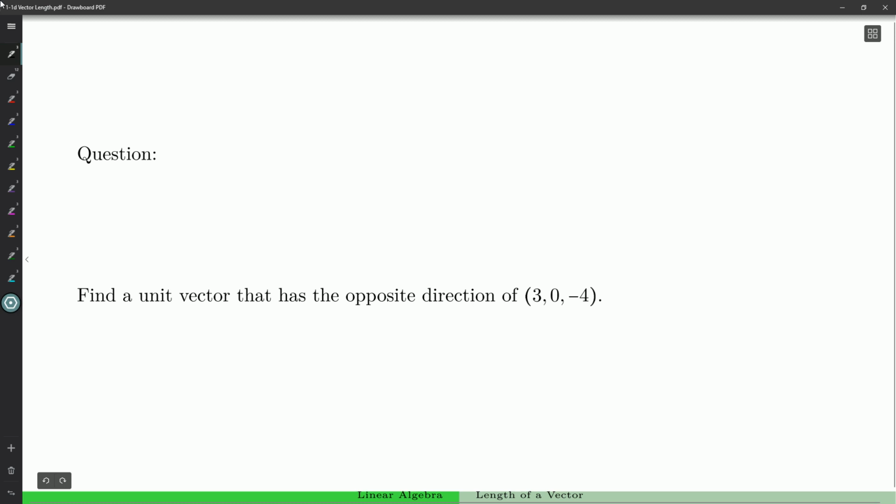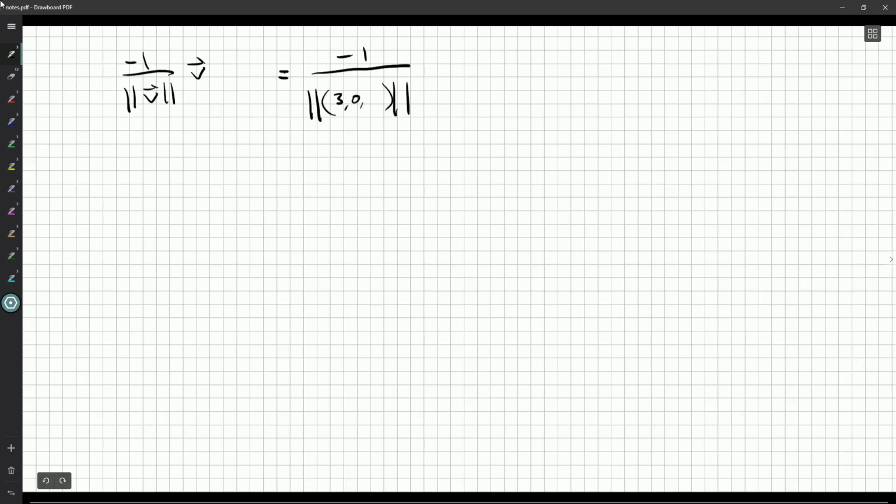And so our vector here, it's a three-dimensional vector 3, 0, negative 4. Now it's up to us to work out the length of the vector. We know how to do that. Square root of the sum of the squares of the components.